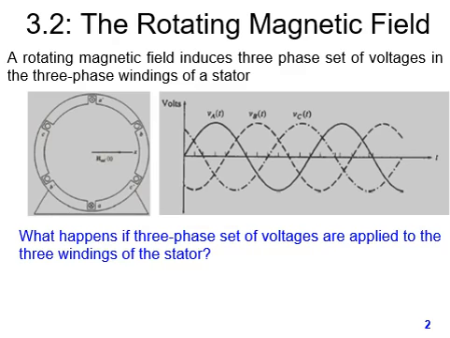What happens if a three-phase set of voltages is applied to the three windings of the stator? So we have three windings, as I have discussed earlier, and in these three windings a set of voltages is applied.